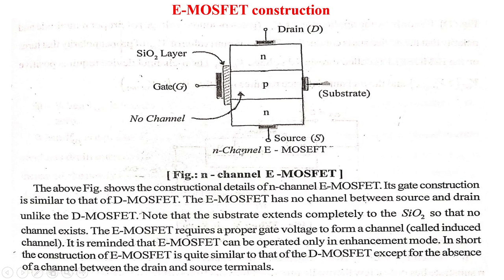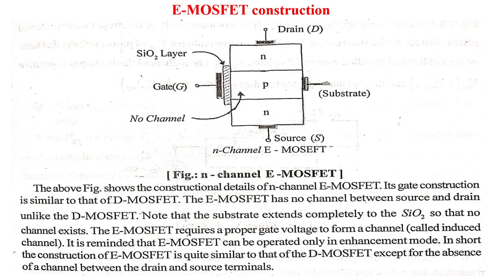There is a lightly doped P substrate block on which two heavily doped N regions are diffused, and then there is a silicon dioxide dielectric layer over the substrate, and there is a metallic contact for the gate and drain as shown in the figure.